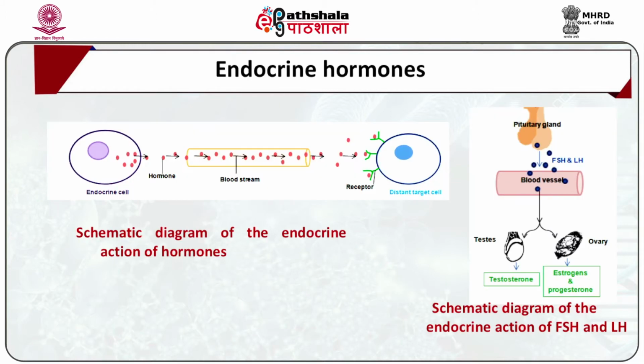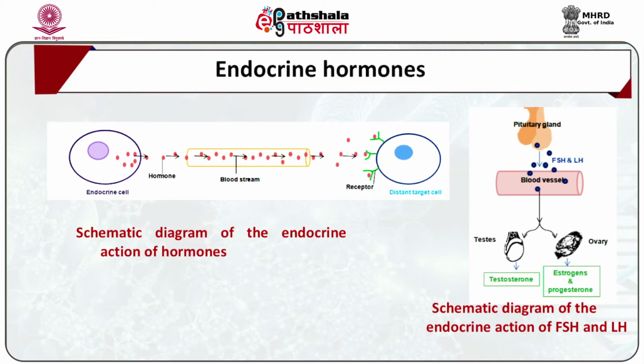Endocrine hormones. Endocrine hormones, taken from the Greek word endo, which means inside or within, crines, which means secrete. Endocrine hormones act upon cells that are distantly located from their production site, as shown in the diagram. They elicit slow but long-lasting response.